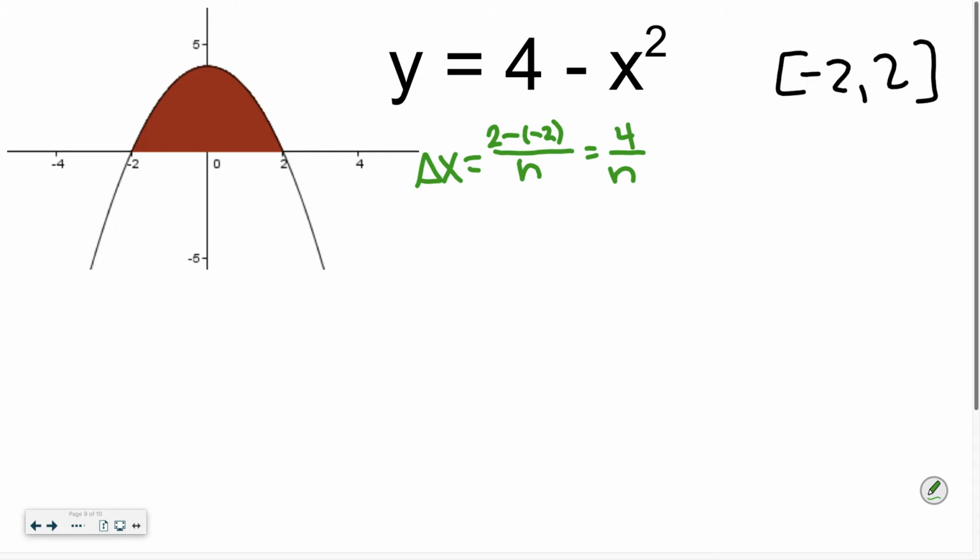We also need to know what x sub k is. And since we are setting it up with right-hand rectangles, then we need to start with a and add k times delta x.